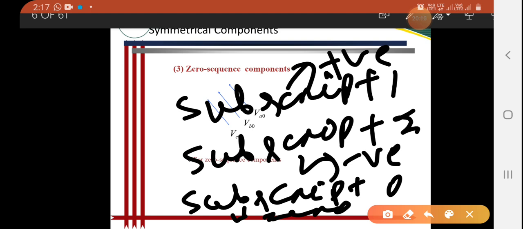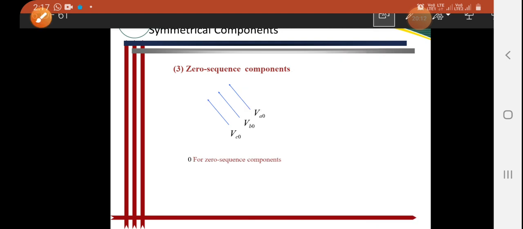This kind of subscript is chosen so that we can avoid confusion. Because of that, we choose these subscripts when we are talking about symmetrical component analysis.